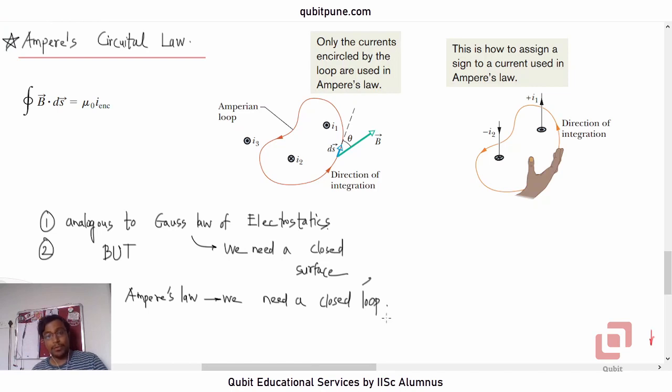This loop need not be made up of some wire or something. It can be an imaginary loop; in most cases it is imaginary. So what does Ampere's circuital law tell us?